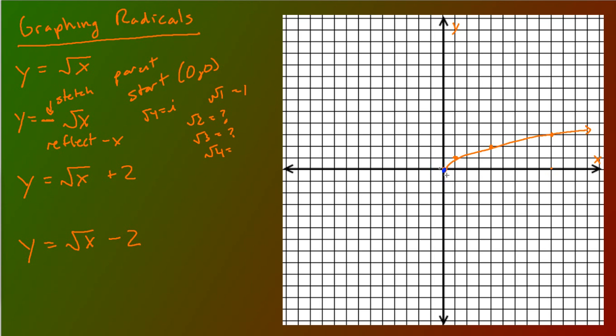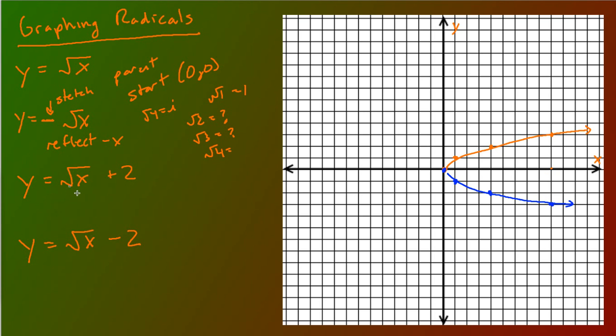I start at the origin, I go right 1, the square root of 1 is 1, I would go up 1, but I multiply by my negative, so I go down 1. If I go right 4, the square root of 4 is 2, but times my negative, so down 2. And if I go right 9, the square root of 9 is 3, but times my negative, down 3. So this is that one. So that's if we have a negative in front. We need to remember to take care of that.